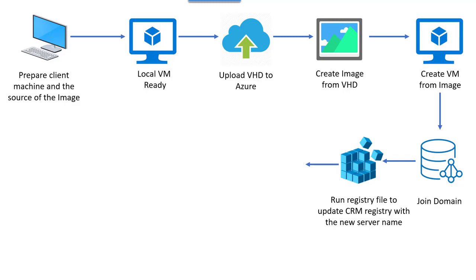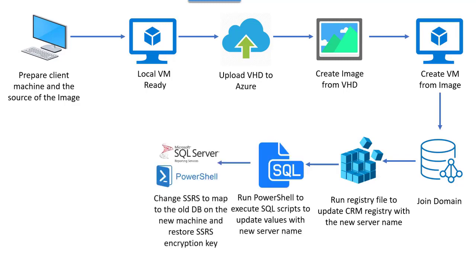After that, the next problem is that because we have a new machine, the SQL Server Reporting Services will not work. This is because the reporting service doesn't understand the reporting database because of the encryption key.